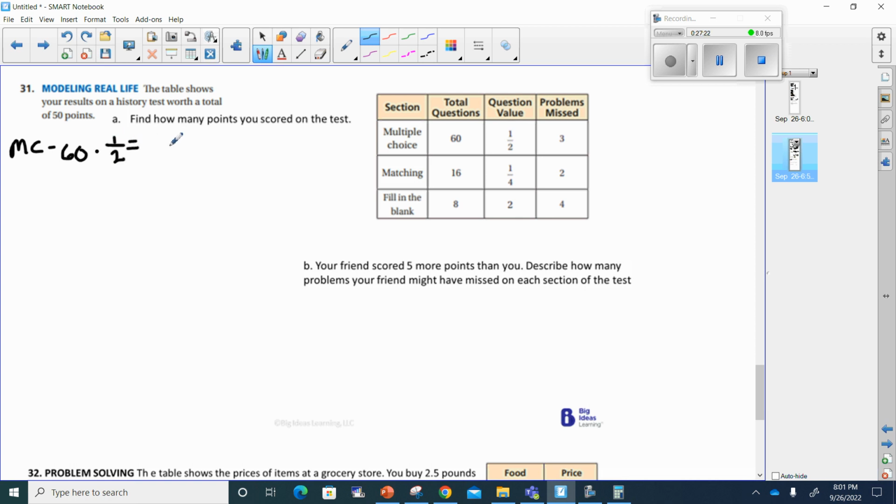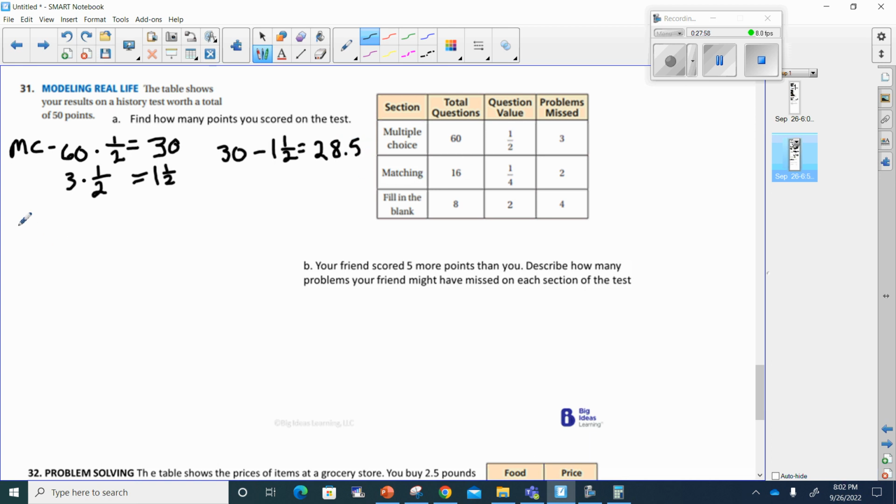That's going to equal 30 possible, right? And then we have how much you missed. Well, that would be 3 that you missed times 1/2. That's going to equal, well, 1.5. So what you made on multiple choice was 30 minus 1.5, and that would have gave you 28.5.